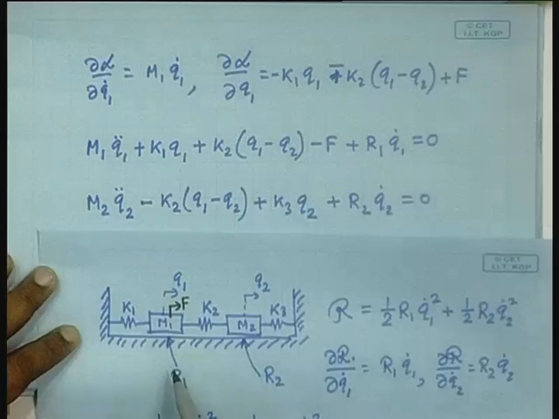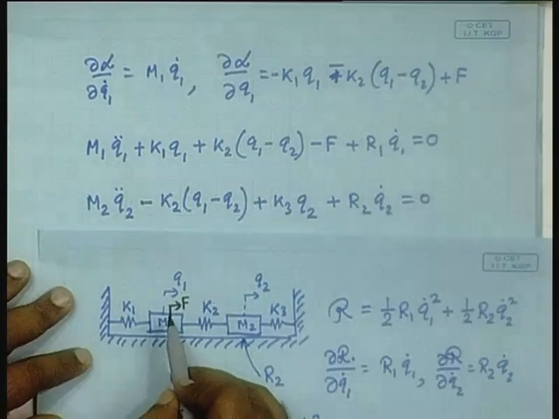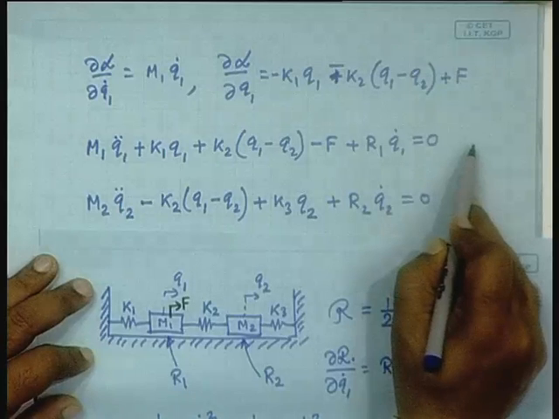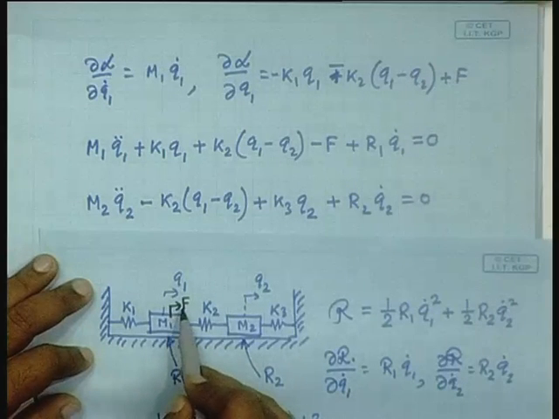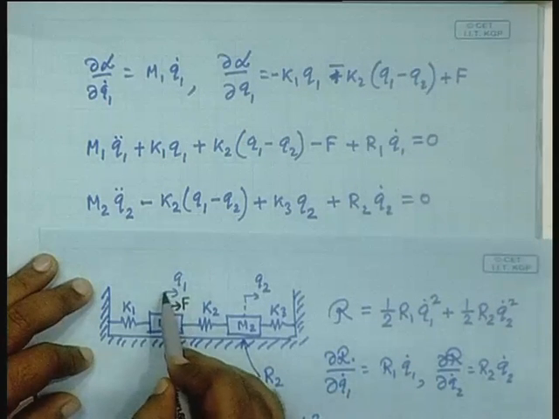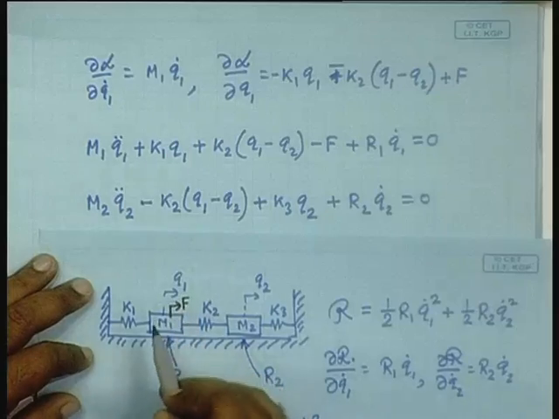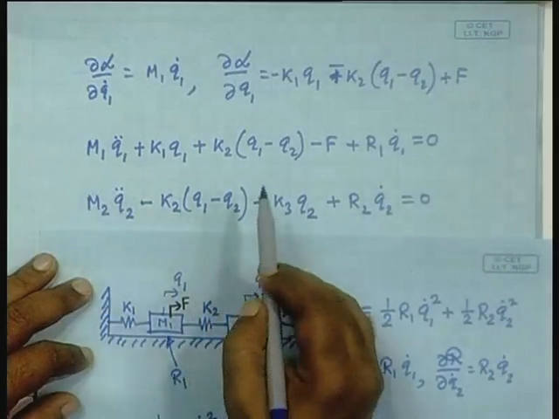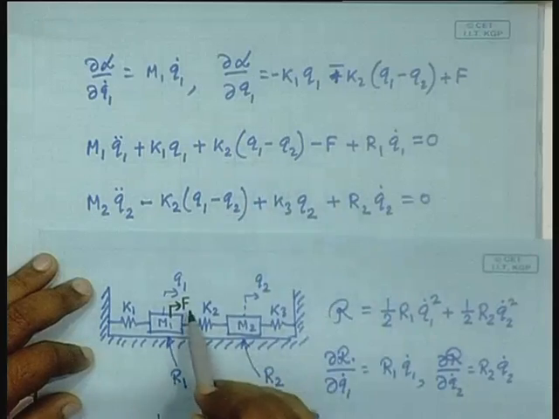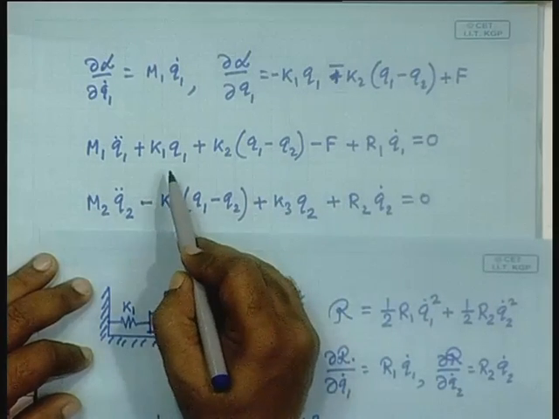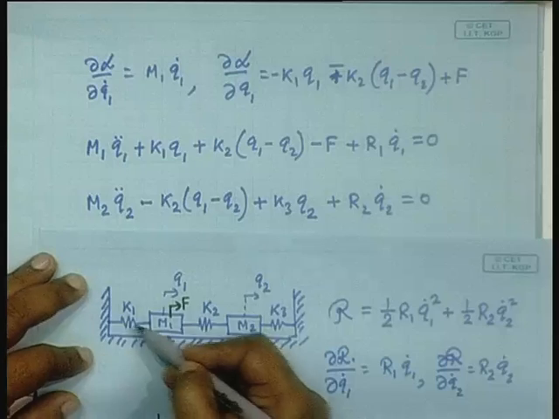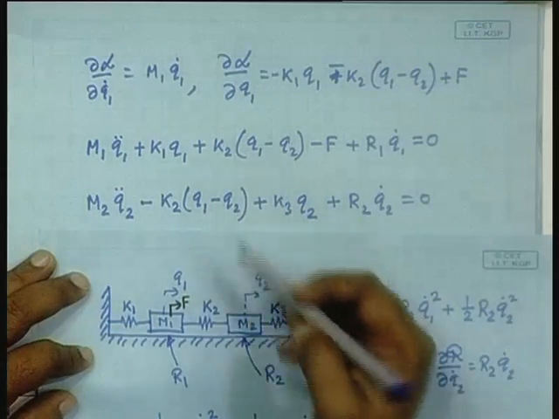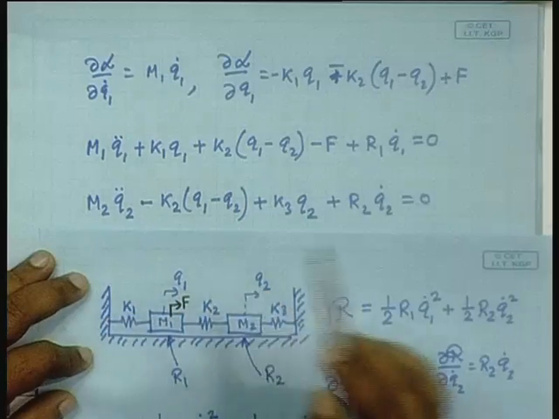Can you see? Yes. Force, if you take the other side, force is acting in this direction and this fellow is moving in this direction. So, force is equal to mass into acceleration here. Force will have F in this direction minus k1 q1 pulling in this direction, k2 (q1 minus q2) in that direction, all right.